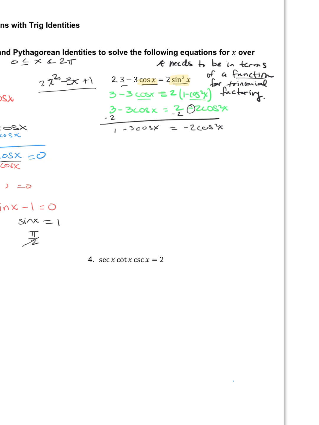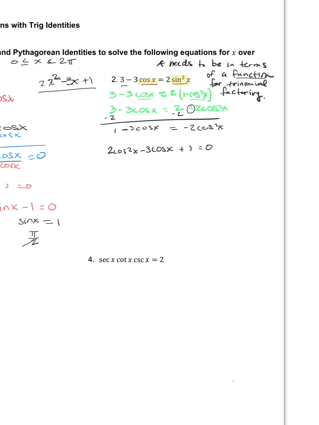So I'm going to move this cosine over. It's going to be a positive now. So 2 cosine squared x. I'm going to do the minus 3 cosine x first, and plus 1 equals 0. Remember, we can rewrite and rearrange addition and multiplication because it's commutative, but make sure that you keep the sign with that term.